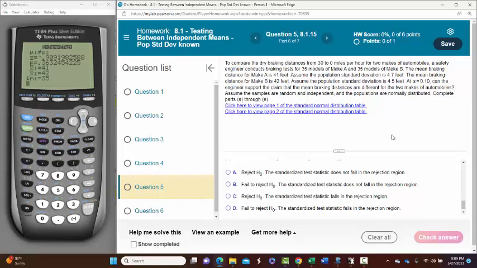So if you're not sure, you can use that and then fail to reject. The test statistic does not fall in the rejection region. So like some of the problems in my notes where I drew that graph, you don't have to actually do that if you just want to use the p-value, even though it doesn't ask for it.